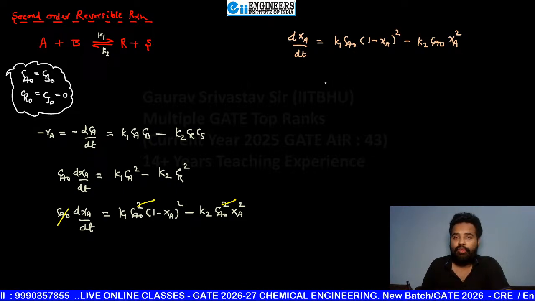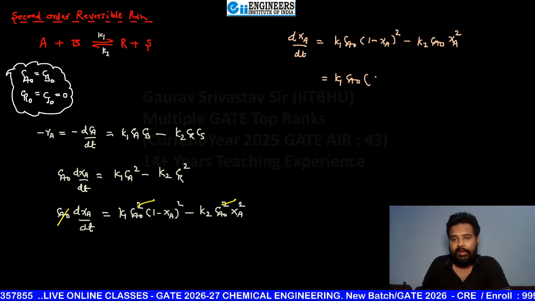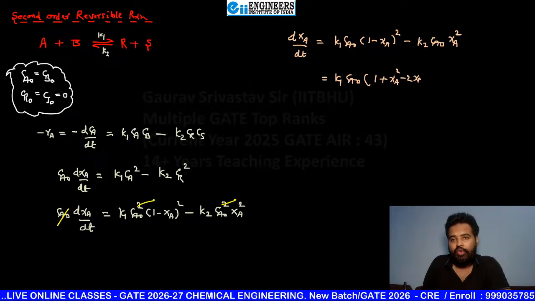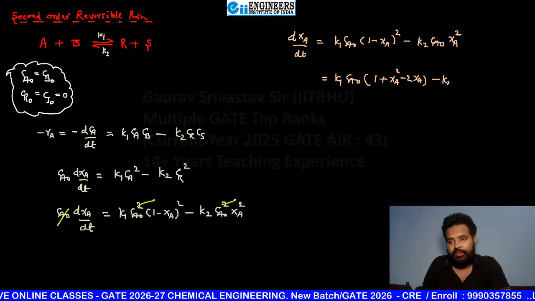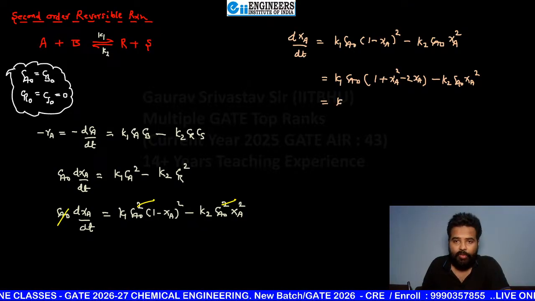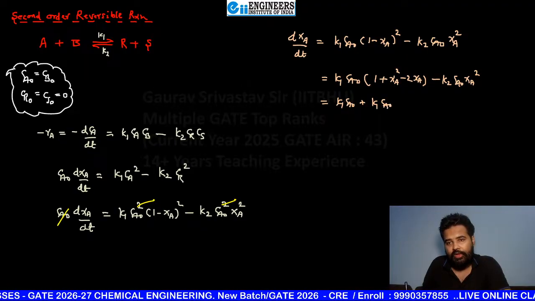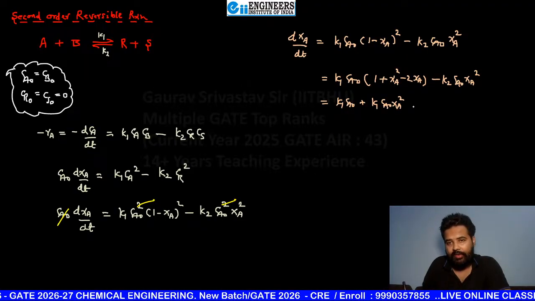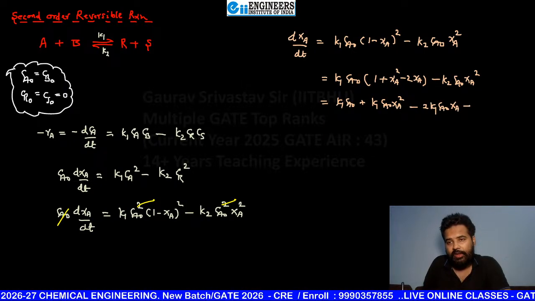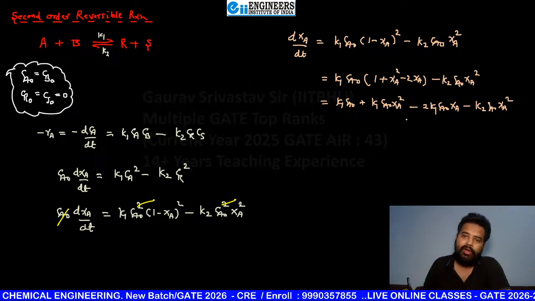Okay, but further moving, if you want to solve this, you can write k1 ca naught, and here 1 plus xa square minus 2xa, and minus k2 ca naught xa square. Further moving, just open this bracket, beta: k1 ca naught plus k1 ca naught xa square minus 2 k1 ca naught xa minus k2 ca naught xa square.